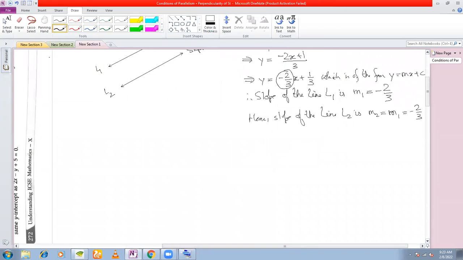Let's now see the second condition, which is called the condition of perpendicularity. What does this mean?